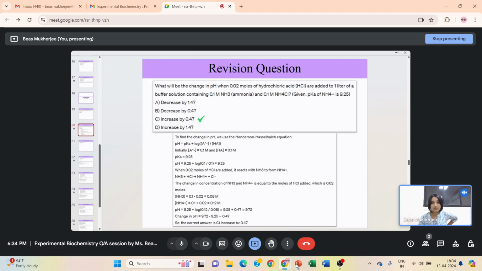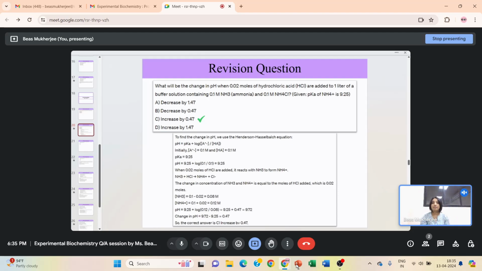The concentration of ammonium chloride is 0.1 molar, so NH4+ concentration is also 0.1 molar, and the concentration of your acid or HCl. Here, this is actually the concentration of Cl minus because your conjugate base is Cl minus. So the concentration is 0.1 molar of both conjugate base and the HCl acid.